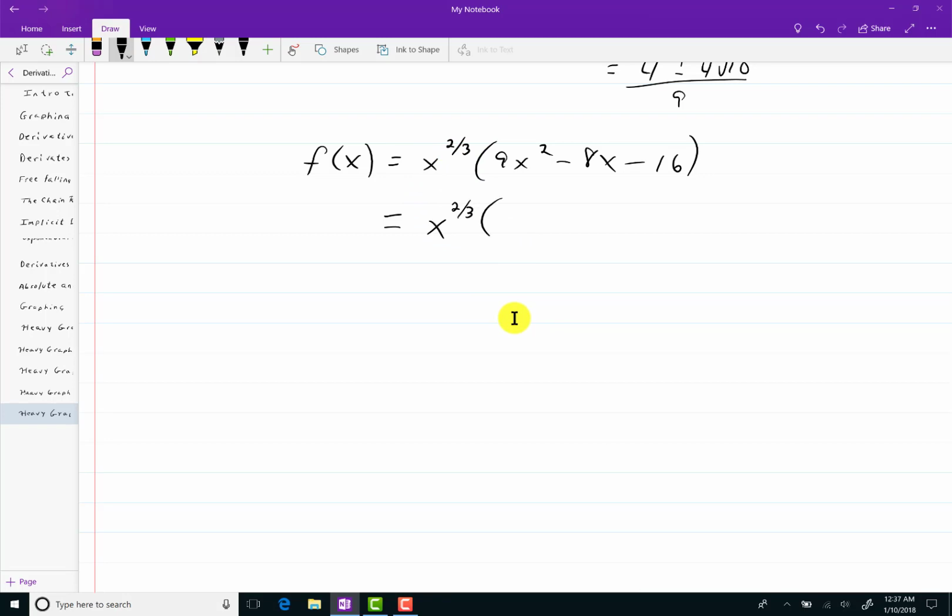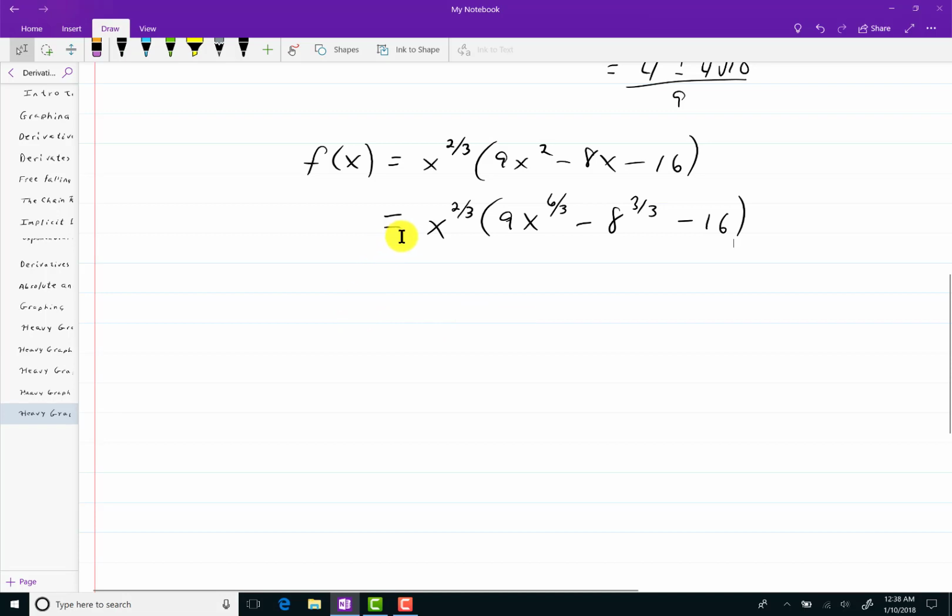Because 9x squared can be thought of as 6/3, 8x can be thought of as 3/3, and a negative 16, nothing special there.